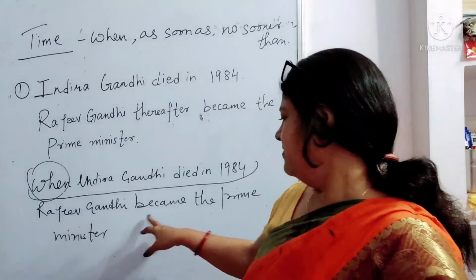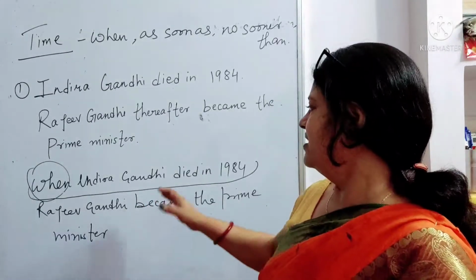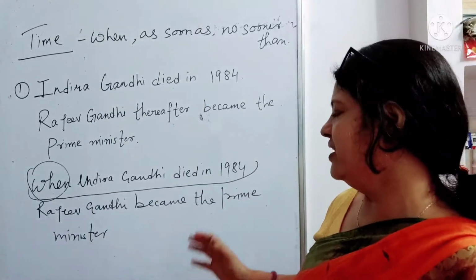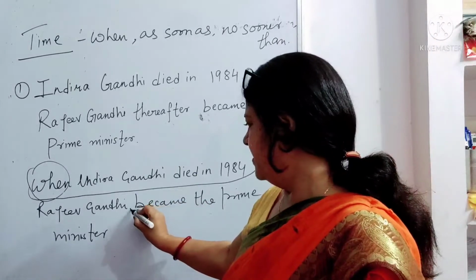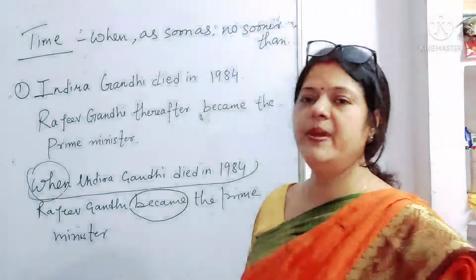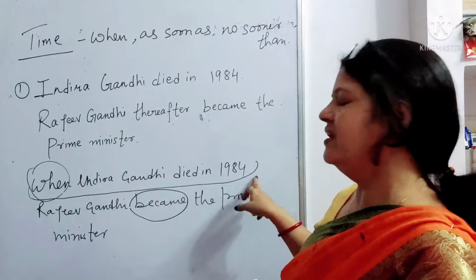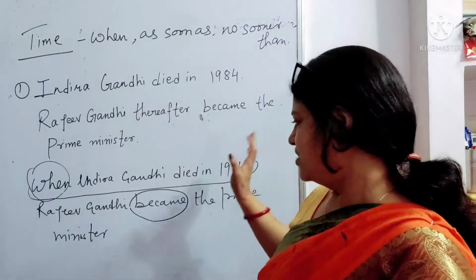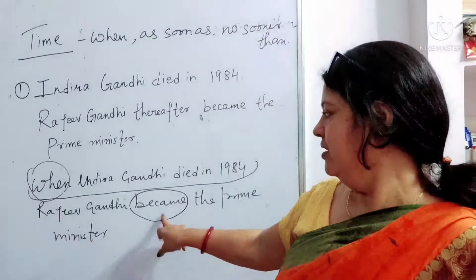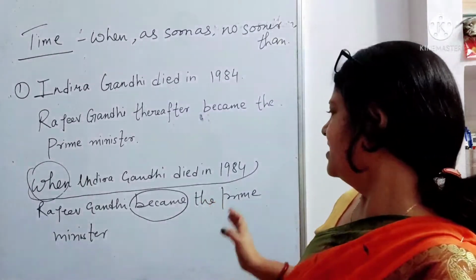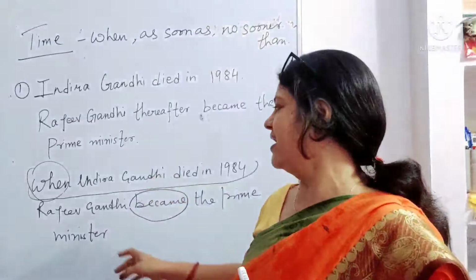In the principal clause we have the verb became, and the clause when Indira Gandhi died in 1984 is actually modifying this verb. So we can bring it like that.